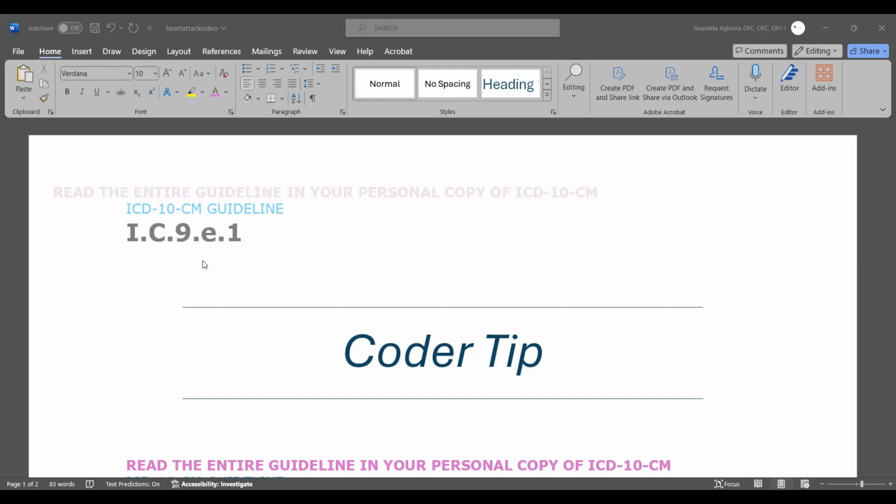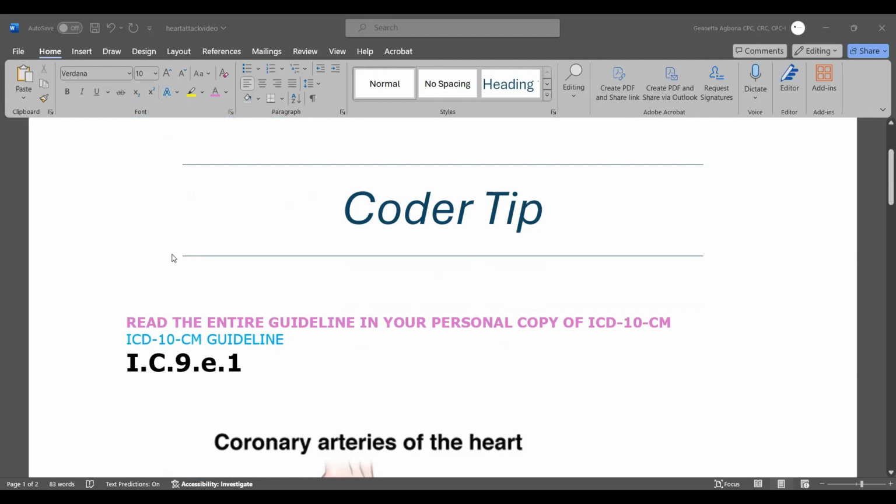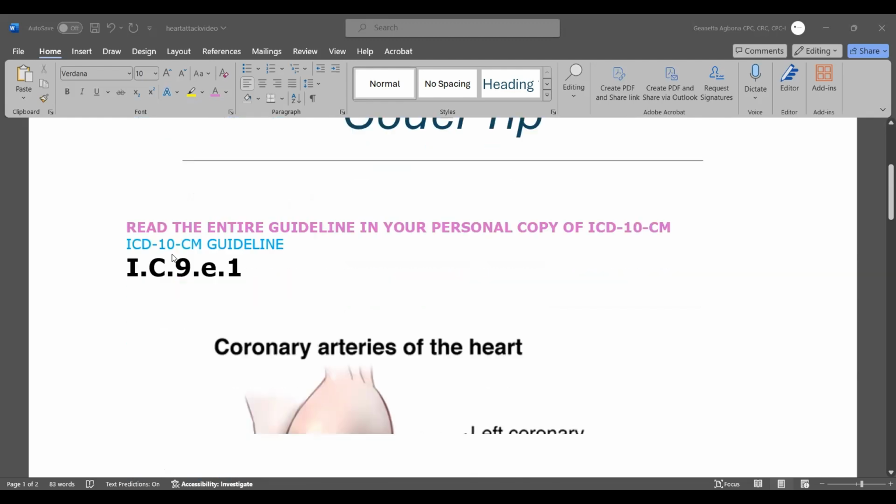And if you're using an AAPC ICD-10 manual, I believe this is on G17. I may be wrong, but I believe it's G17. So I'm considering this my coder tip for the week. You need to read the entire guideline because I'm only focusing on a portion of it.